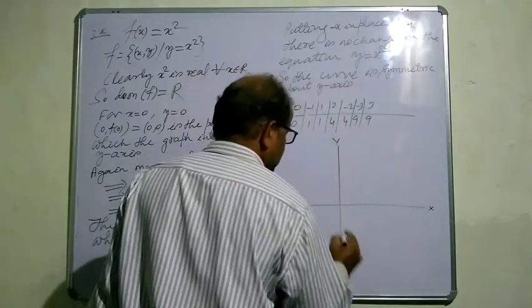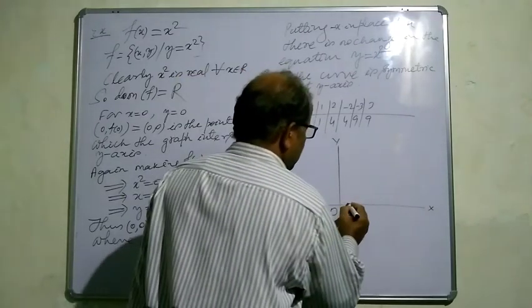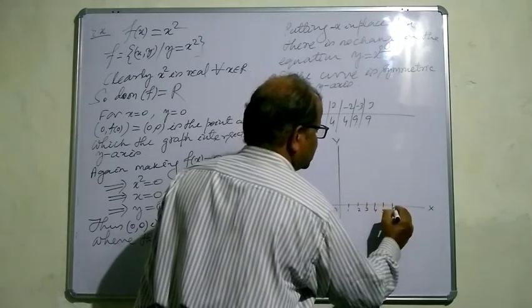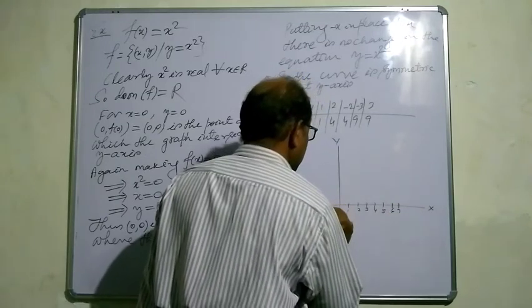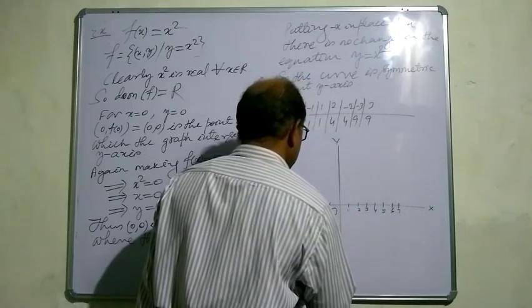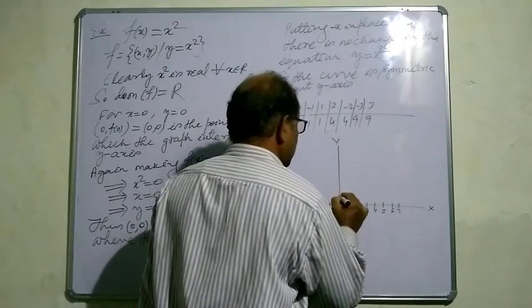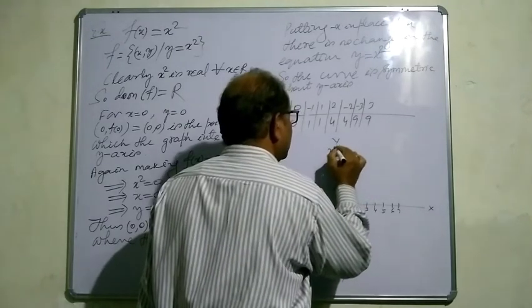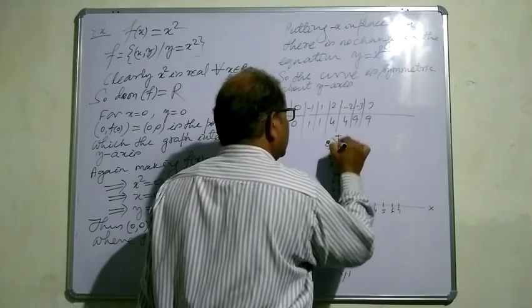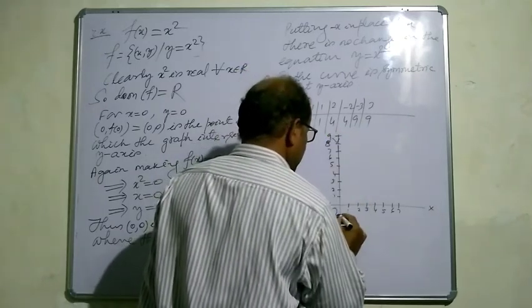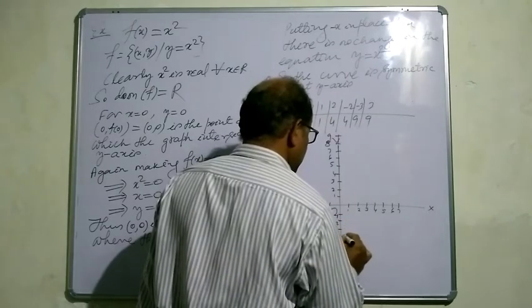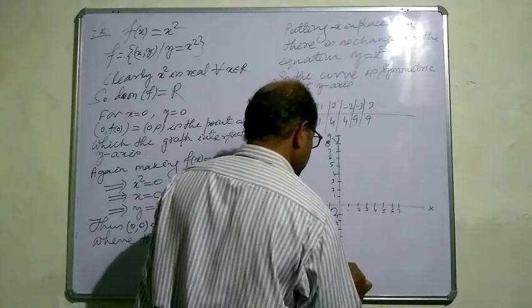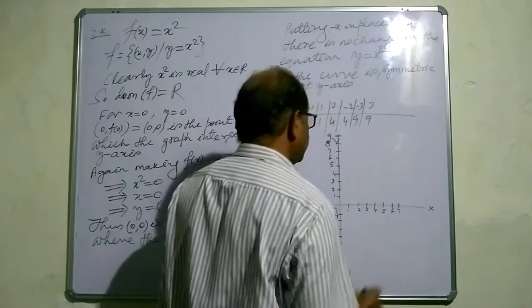In graph paper it will be clear, but I am using this. 1, 2, 3, 4, 5, 6, 7, 8, 9 and minus 1, minus 2, up to minus 9 say.